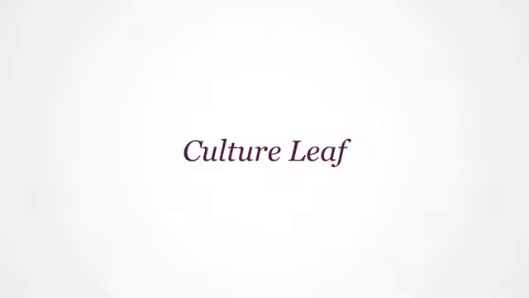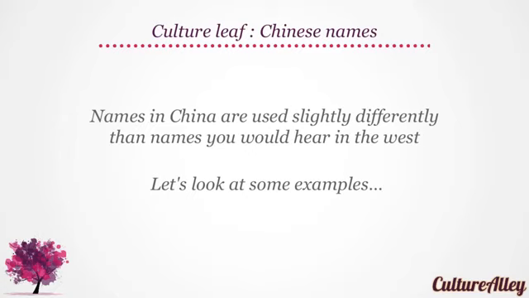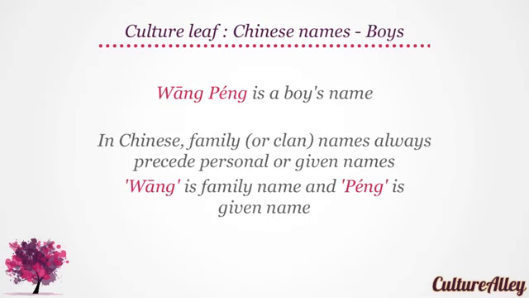In today's Culture Leaf, we shall talk about Chinese names. Names in China are used slightly differently than names you would hear in the West. Let's look at some examples. For example, Wang Peng is a boy's name. In China, family or clan names always precede personal or given names.